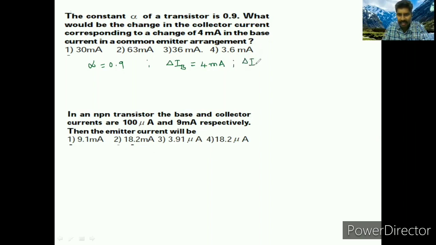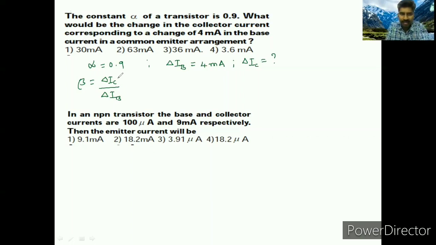Now what we need to calculate is the change in the collector current. Generally, beta is equal to the change in the collector current by the change in the base current.